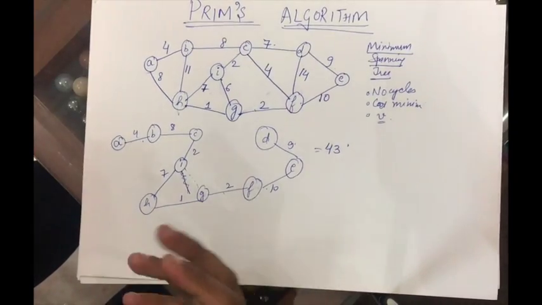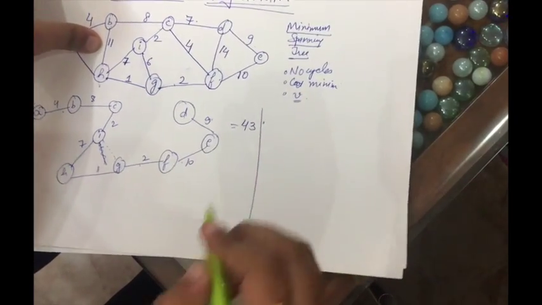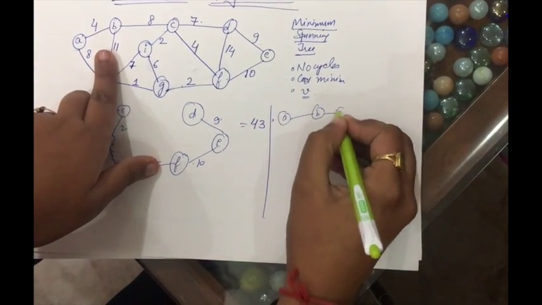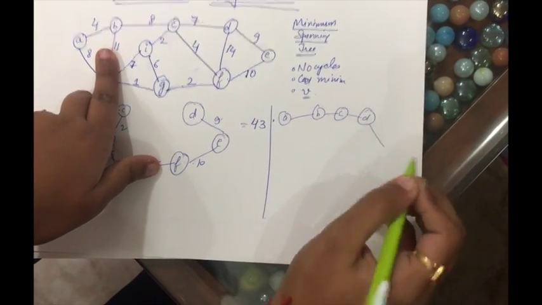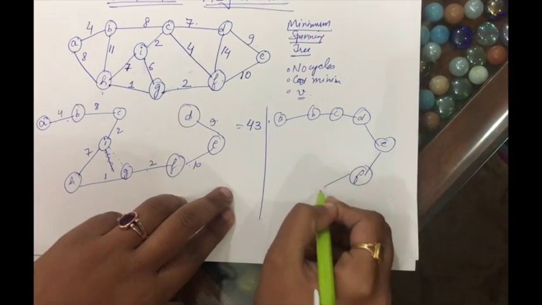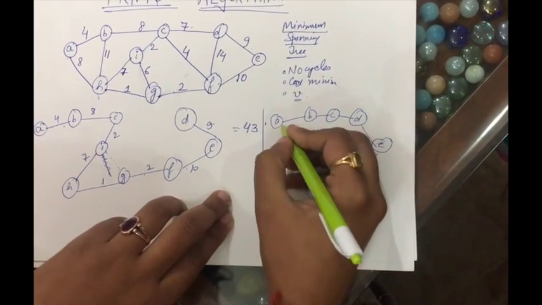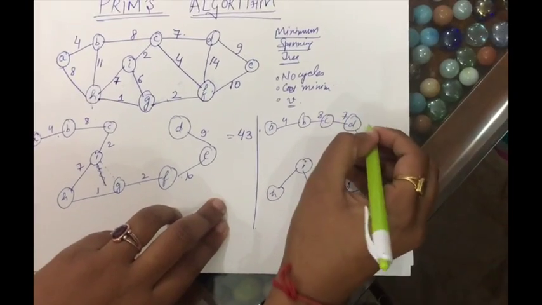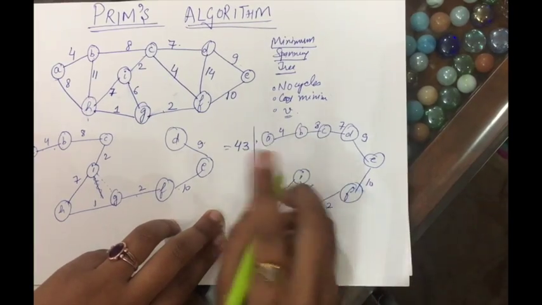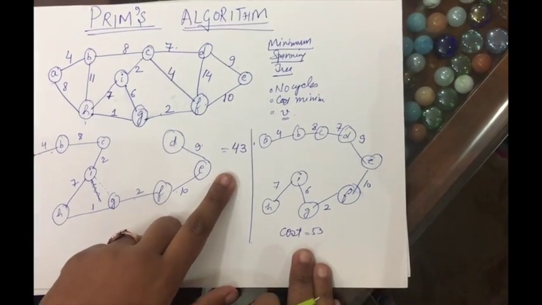If I find some other way to traverse the graph, it could be that I would have chosen A, then B, then C, D, E, F, G, I and H. So in this way, 9, 10, 2, 6 and 7, the cost would have become 53. So out of these two, I would have chosen 43.